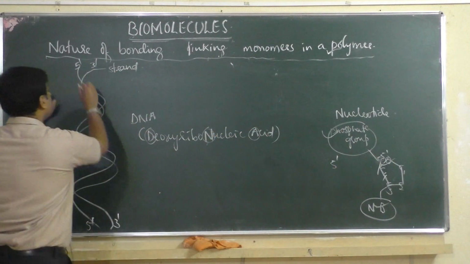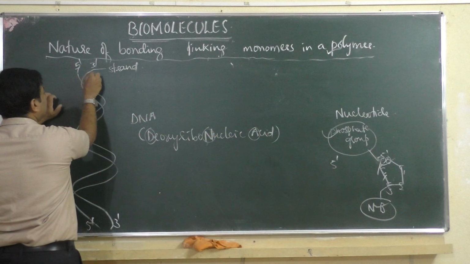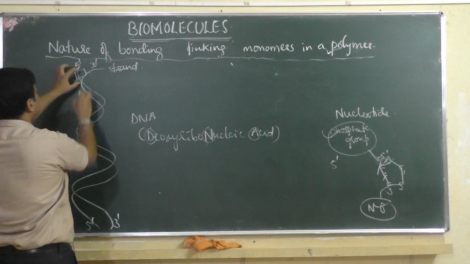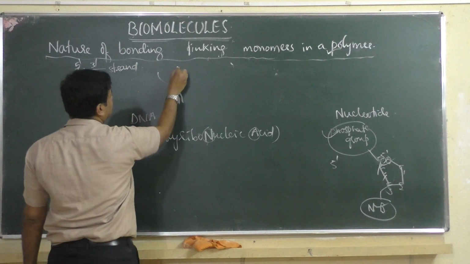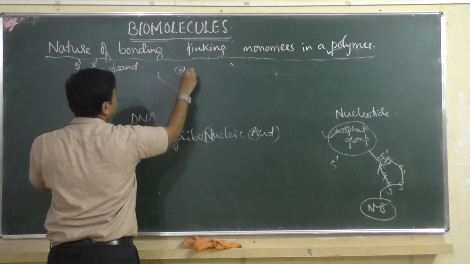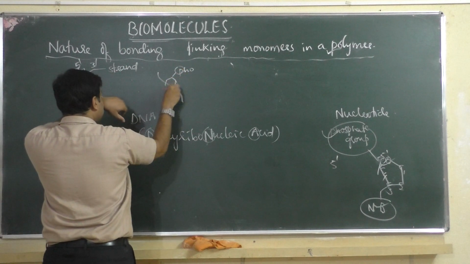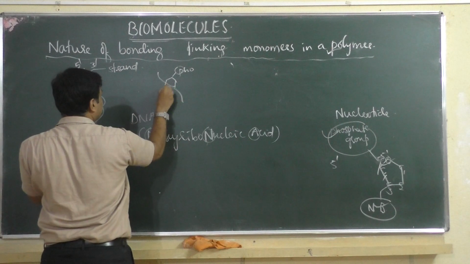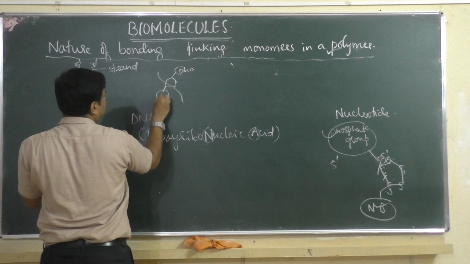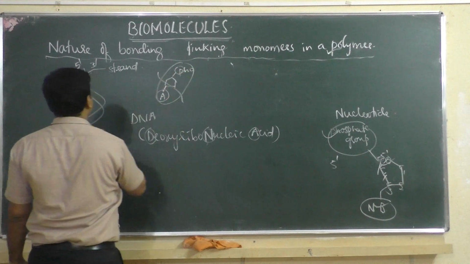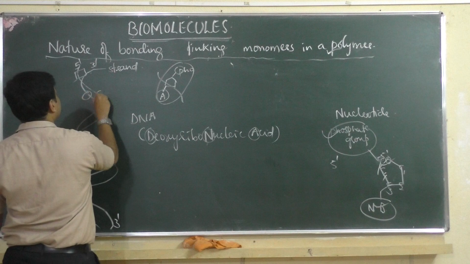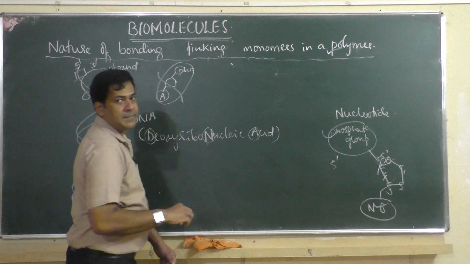On each thread, if I zoom one small part, it will have phosphate, and to that pentose sugar, and to that a nitrogen base like A, T, G, C will be attached. So this is a nucleotide. On each strand, here also nucleotide, here also nucleotide will be there.